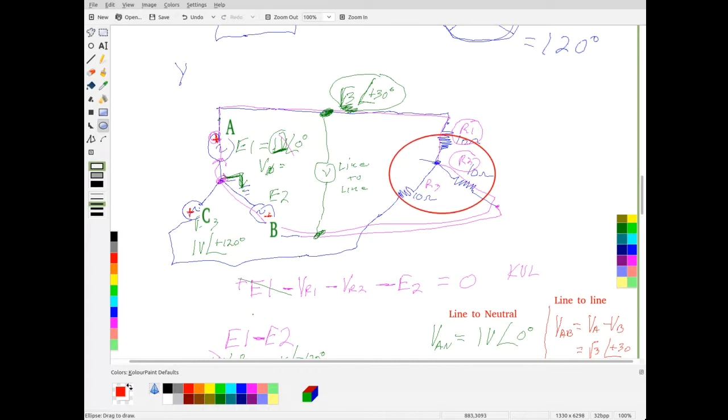So if it's 10 ohms up here, it's 10 ohms here and 10 ohms here. Unfortunately, they're always going to be off a little bit. One might be 9.8, one might be 10.1, but they're going to be close to balanced.